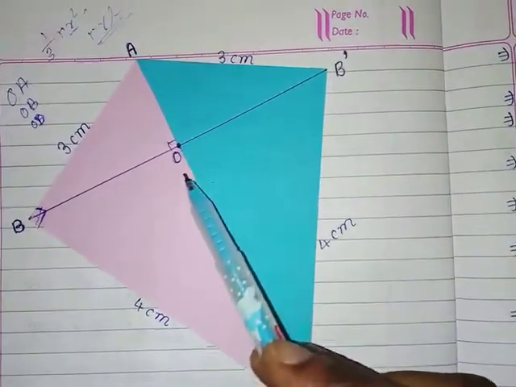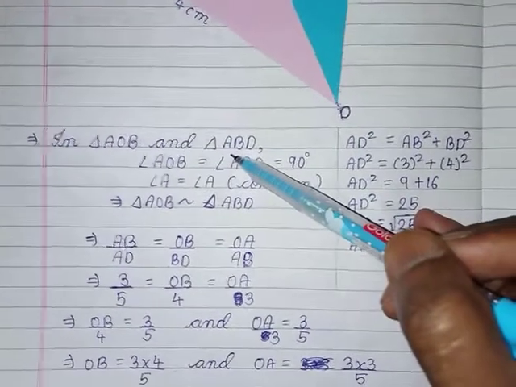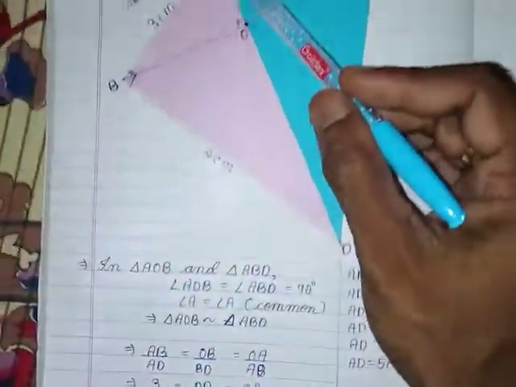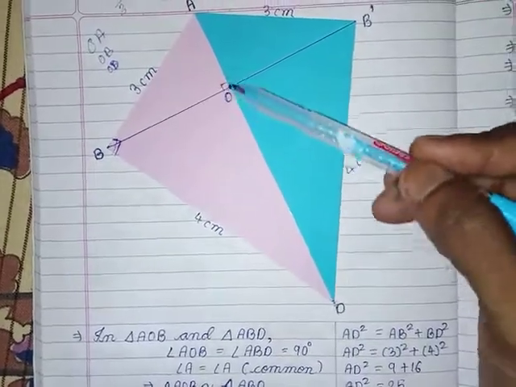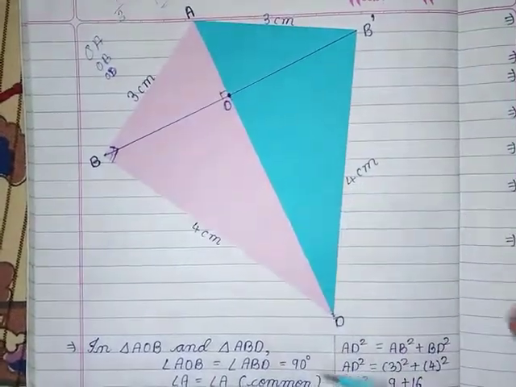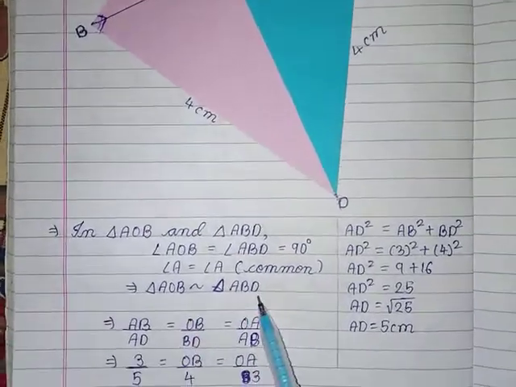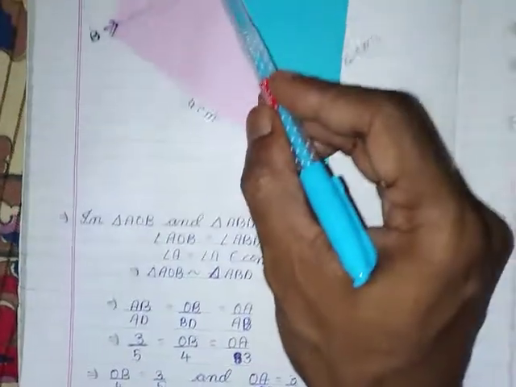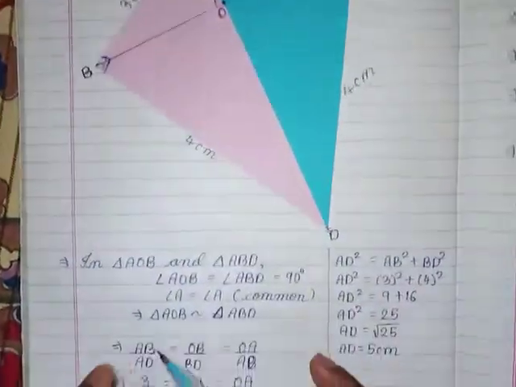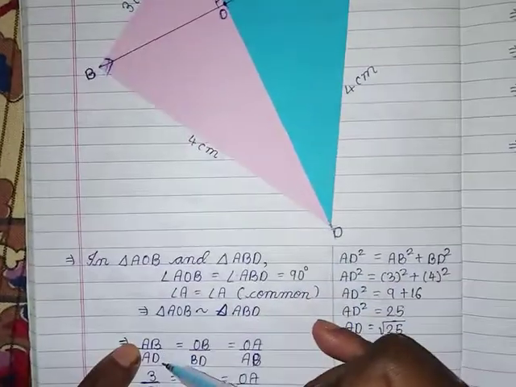Which ratio you have to take after proving the triangles similar: triangle AOB and triangle ABD. Angle 90 degrees, angle A is common, so the triangles are similar. First we take opposite the hypotenuse. The hypotenuse in the small triangle is AB, and opposite to this in the big triangle is AD, so it is AB upon AD.